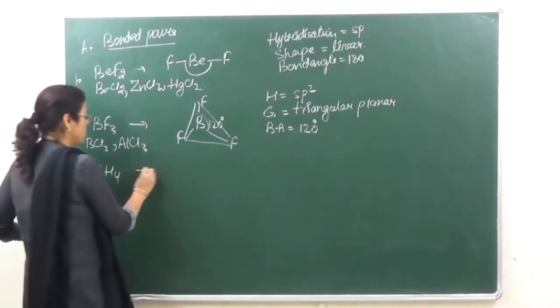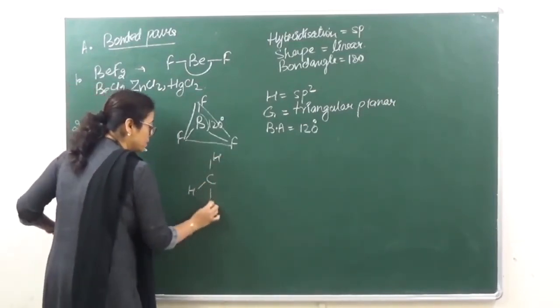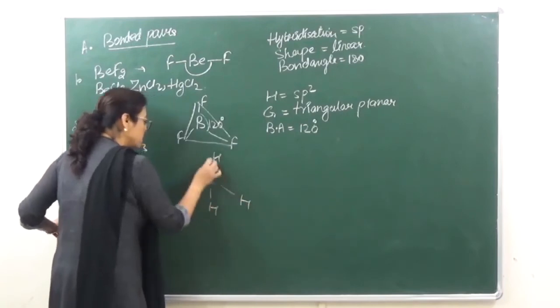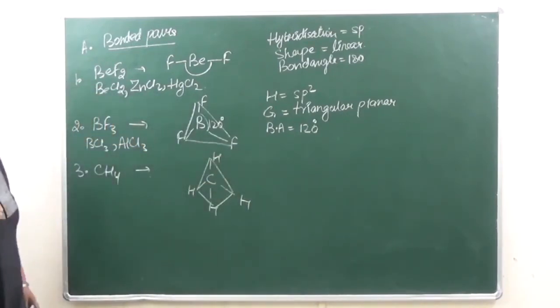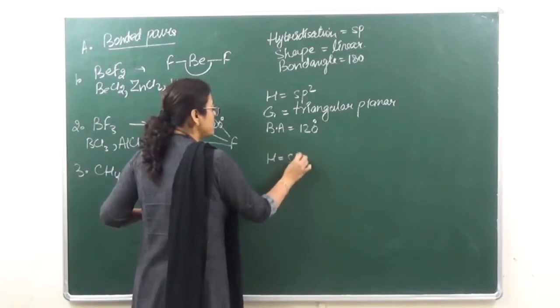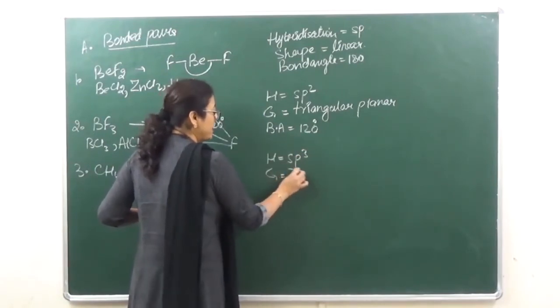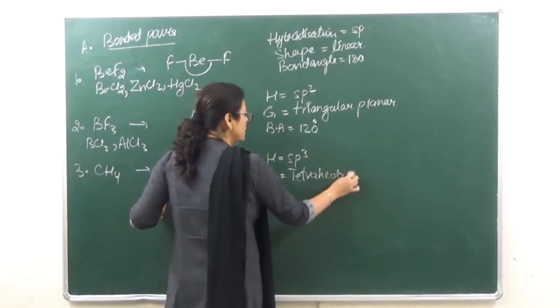Okay? Then we have the third type, CH4. This is CH4, right? Hybridization in this case is going to be sp3. Geometry is tetrahedral.